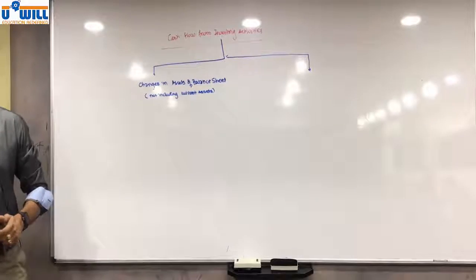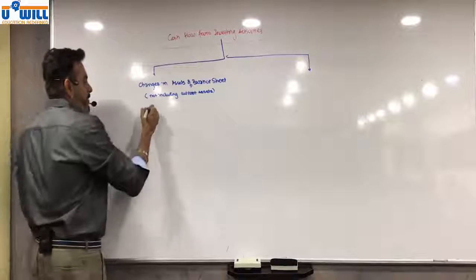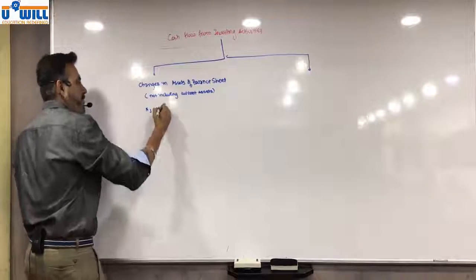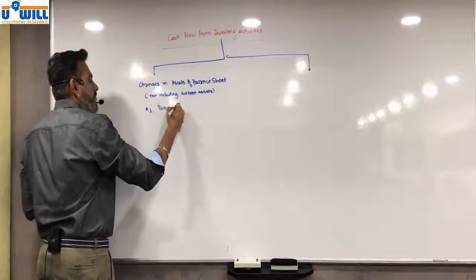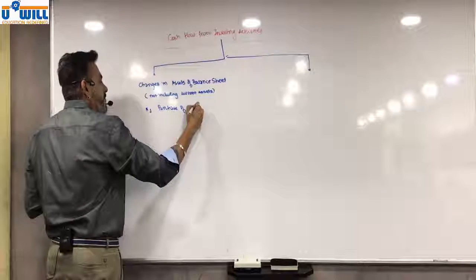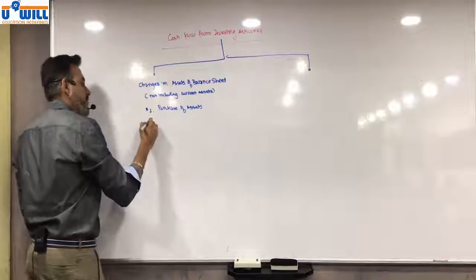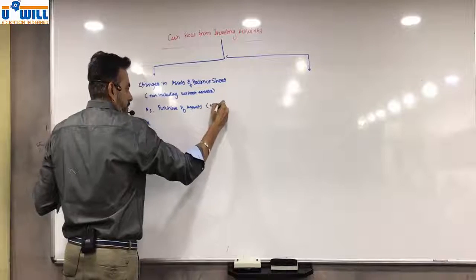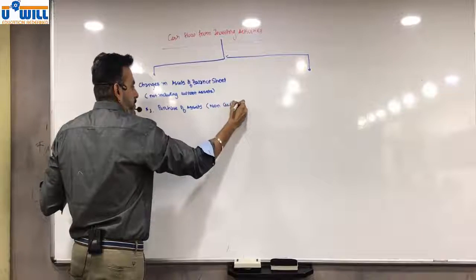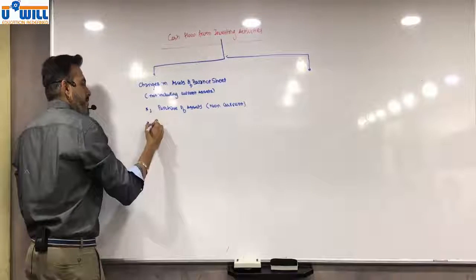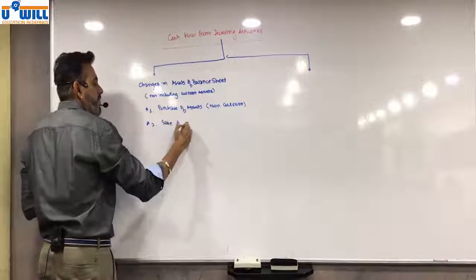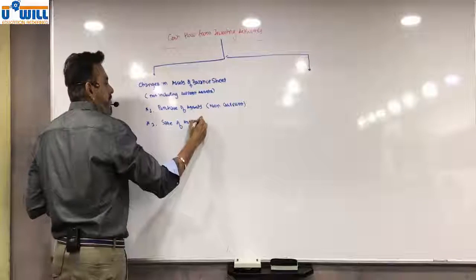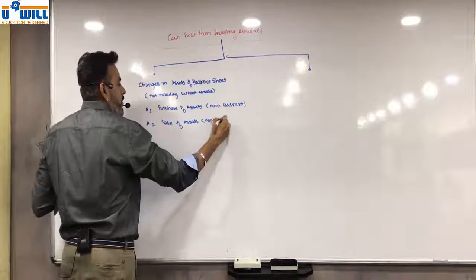Now here various ones are given, we all know it, but we can write purchase of assets, various assets, all non-current, we write non-current. Sale of assets, non-current.